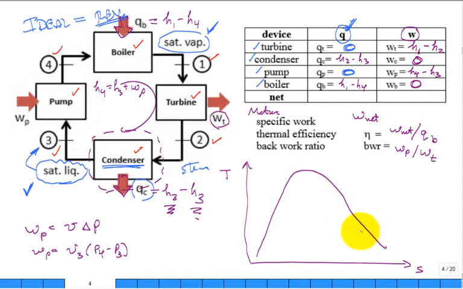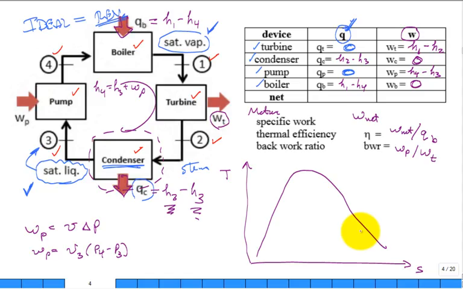And right away, you need to put 4 states on this TS diagram. Some of the keys to help you figure out the 4 states is to think about the pressures, the temperature, whether it's superheated, subcooled, saturated vapor, saturated liquid, that type of information.